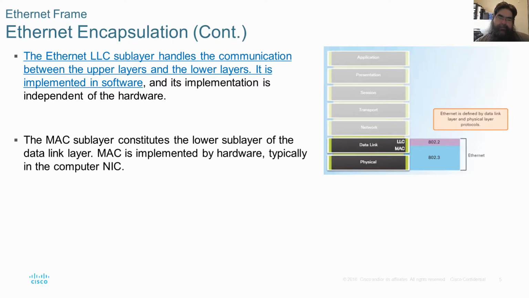So the LLC is responsible for controlling the communication between the software and the hardware. To put it in Cisco terms, it controls communication between the upper and lower layers. And MAC is where we interface with the physical side of things.